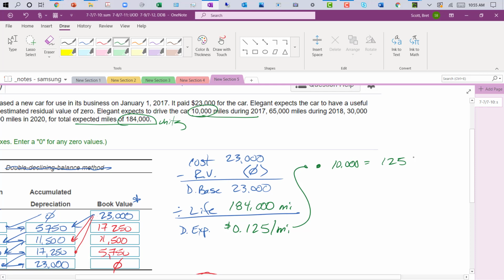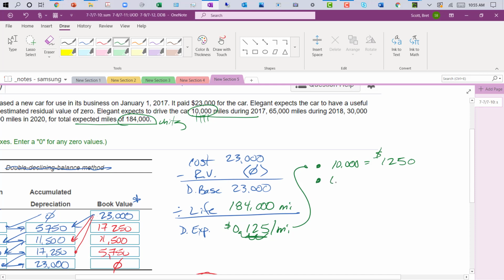Usually what you do is you add the number of zeros. So 1, 2, 3, 4 on the base number. But this is a decimal, so you have to subtract off 1, 2, 3. So 1,250 is my number in this case. Just use a calculator, whatever's easiest for you. I'm a geek. I like to do math. So 1,250 for the first year.